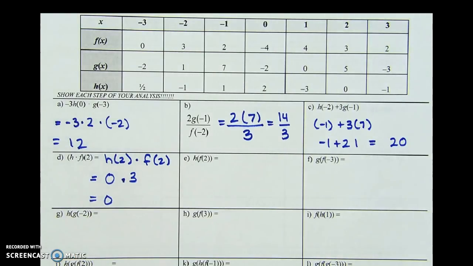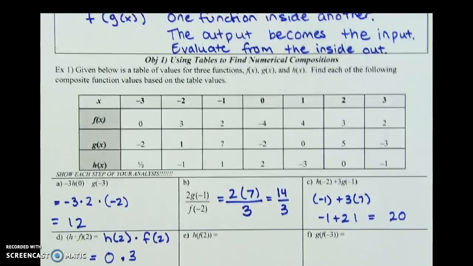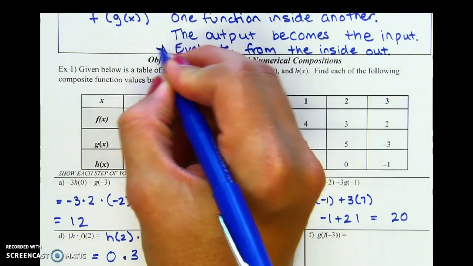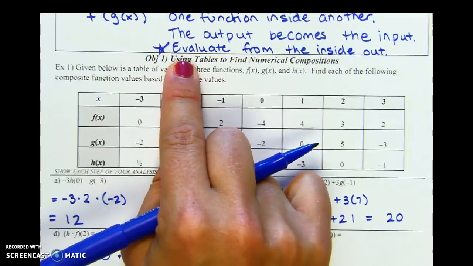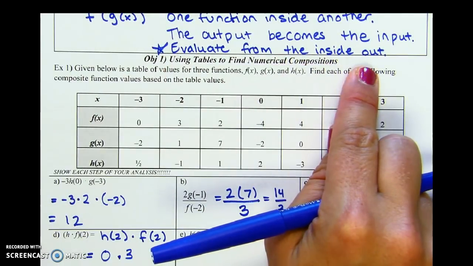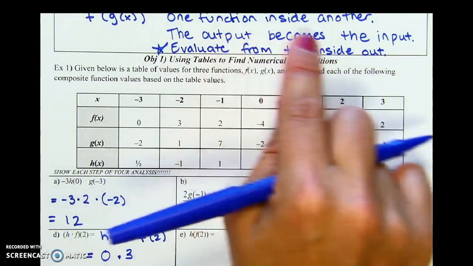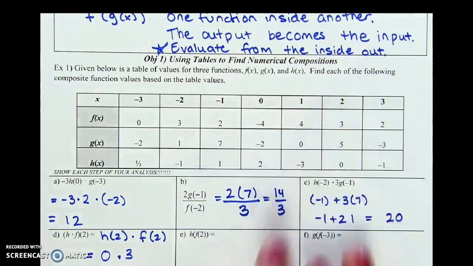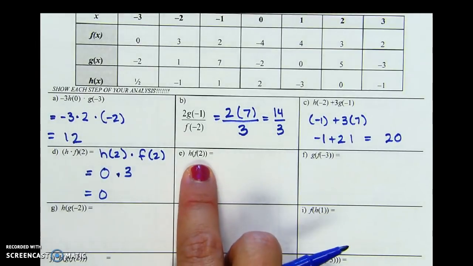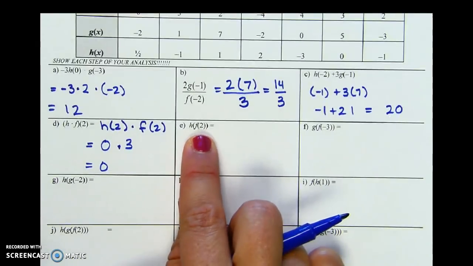All right, ready to have some fun? Okay, here's the key. What's the key to this? Reread your notes. Okay, the output of the first one becomes the input of the outer one. So what's inside? F of 2.